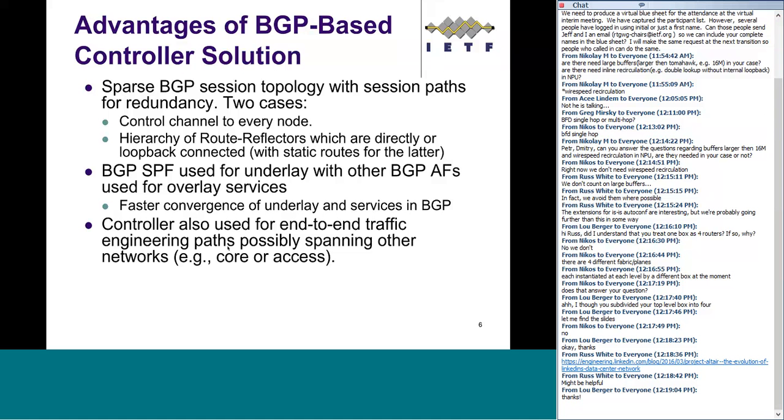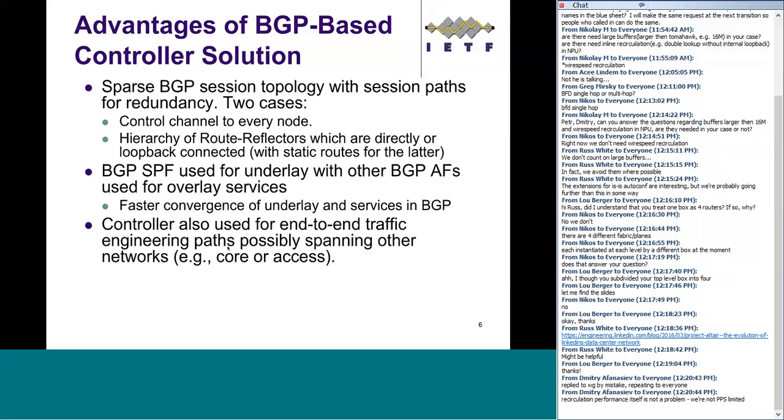You don't have to do any in-band peering sessions. This kind of extension can be used for all the underlay SAFI that a Clos would deploy, and it would give much better convergence. The overlay SAFIs could still use the underlay SAFI, and still do the best path according to the BGP manner. And for the fact that you have a controller in the network, you could do any end-to-end traffic engineering very easily. You could orchestrate a path and inject it within your network, and all those things could be doable. Next slide, please.